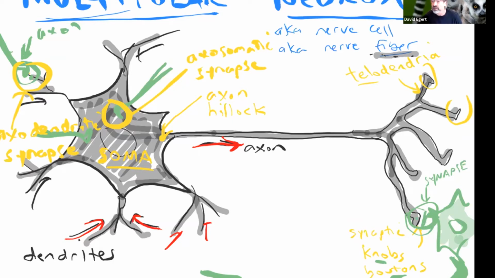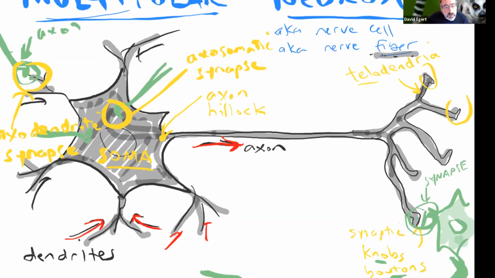It's connecting to tons of other things, and tons of other things are connecting to it. I've drawn it rather simplistically here, but imagine this being super complex, up to 100,000 interconnections. So this is the basic picture of a multipolar neuron.